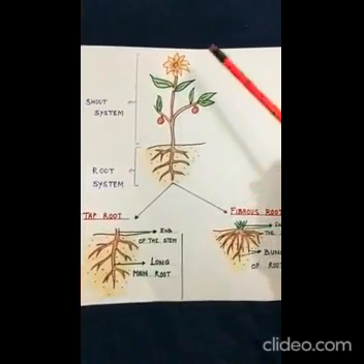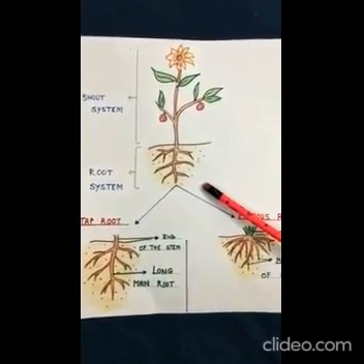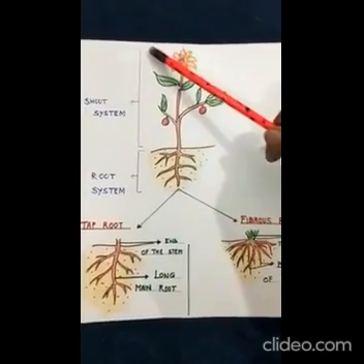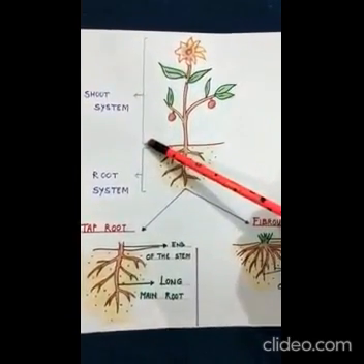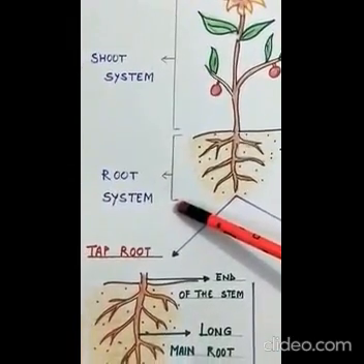So children, each plant is divided into two main parts. First one is shoot system and the second is root system.